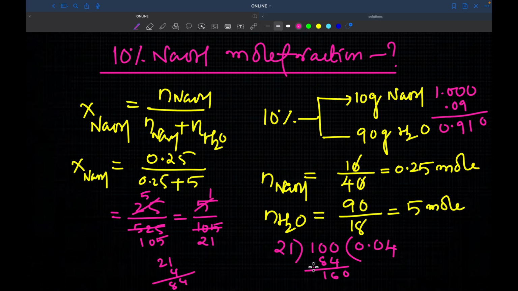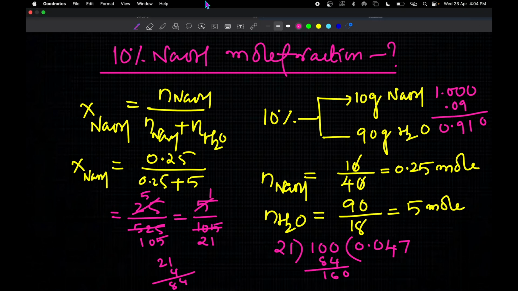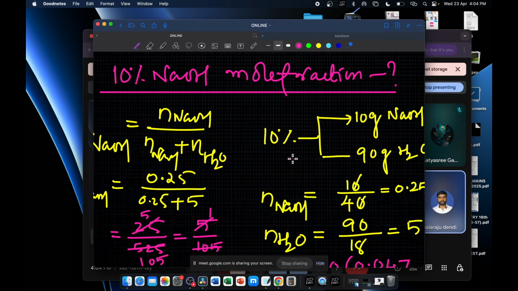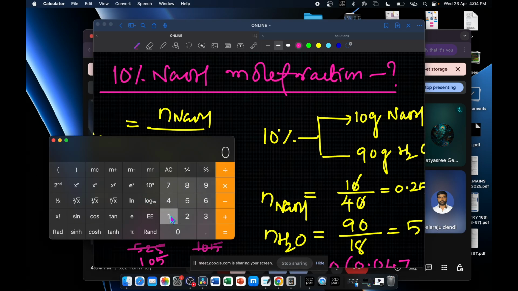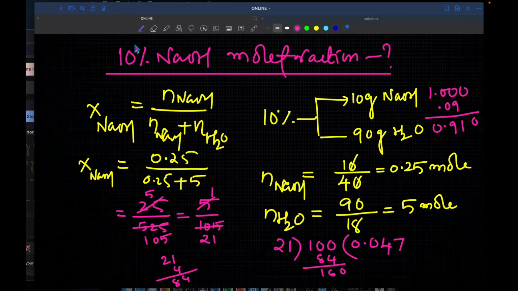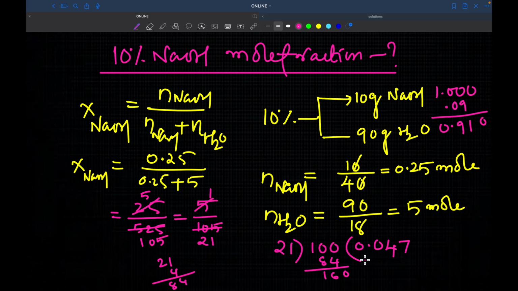So you can take 0, and 7 goes in. So 0.047. Correct? So it's 1 by 21, which gives 0.047619. If we subtract it from 1, we get the remaining one. So we got the correct answer here: 0.047 is the answer for this question.